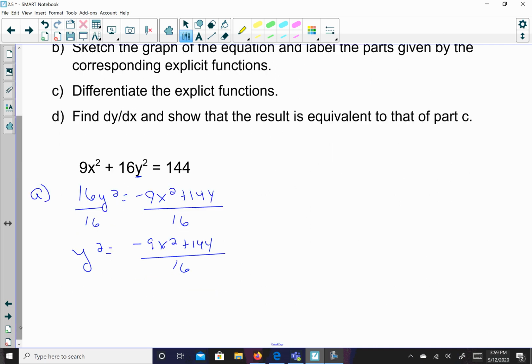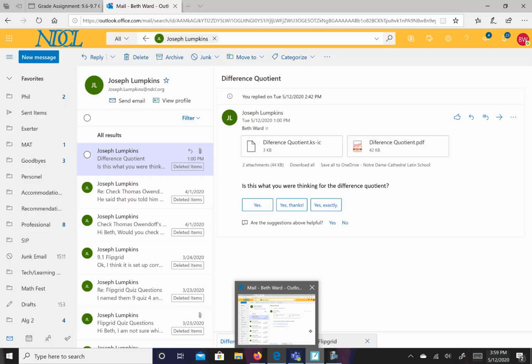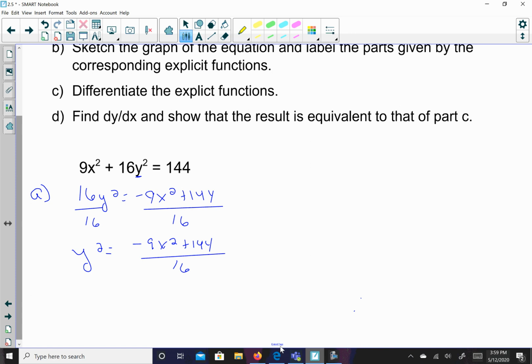And then to find y, I'm going to have y is equal to plus or minus the square root. I'm taking the square root of both sides, so this will be the square root of negative 9x squared plus 144, and then the square root of 16 is 4, so I'm just going to write over 4.